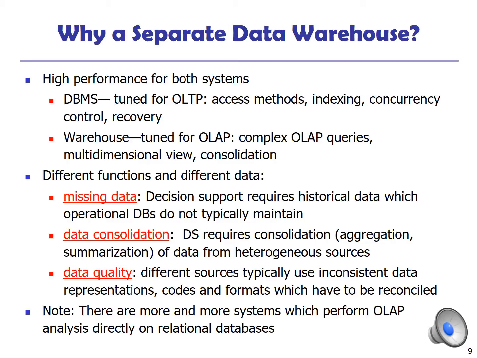The basic DBMS used for our operational data is more tuned for online transaction processing. So it is tuned to function fast for access methods and indexing, for concurrency control, and for recovery mechanisms. These kinds of functions operate very fast when applied to our operational database data.